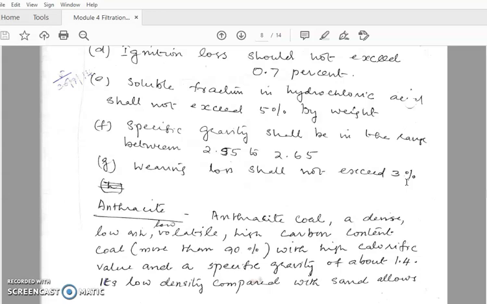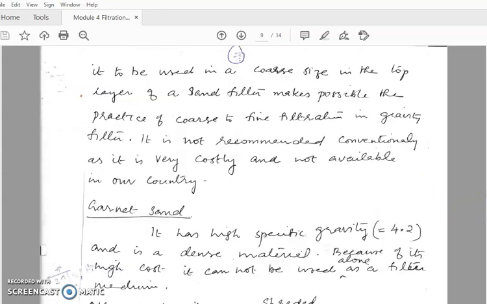Its low density compared with the sand allows it to be used in a coarse size in the top layer of a sand filter, and makes possible the practice of coarse to fine filtration in a gravity filter.